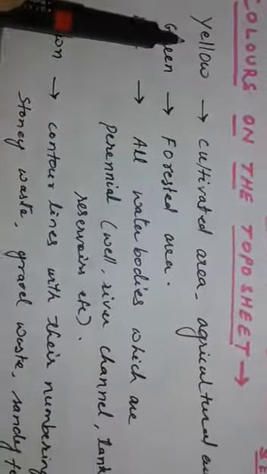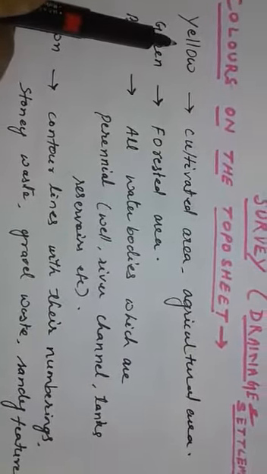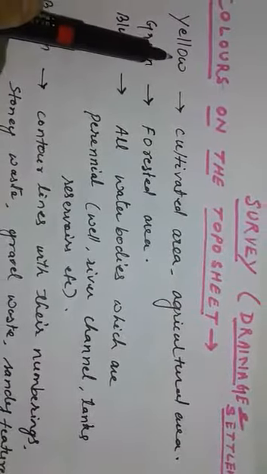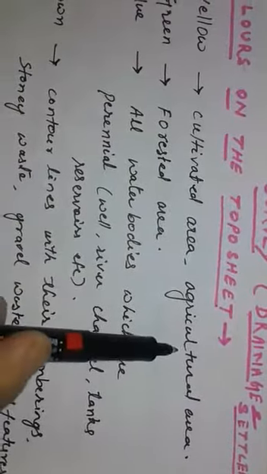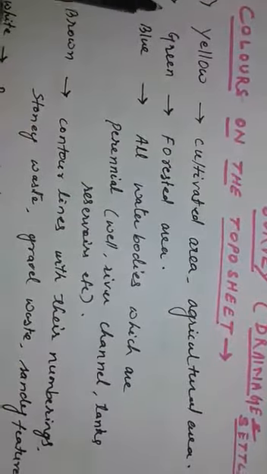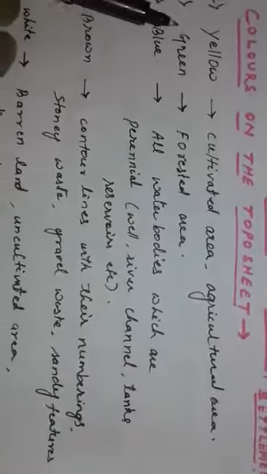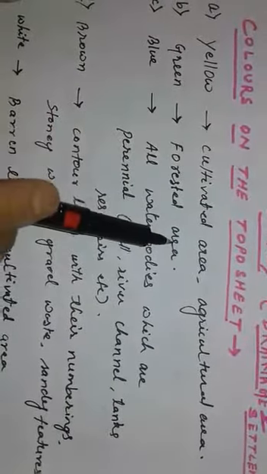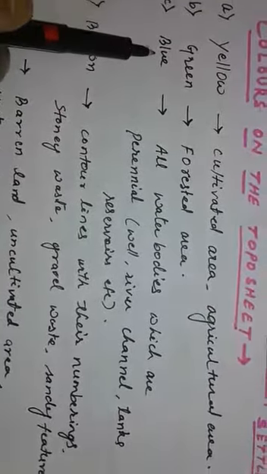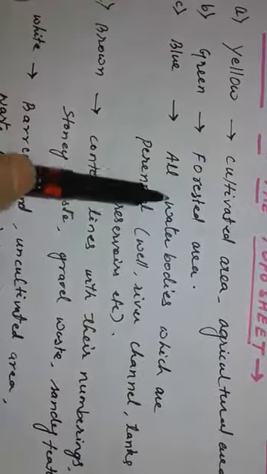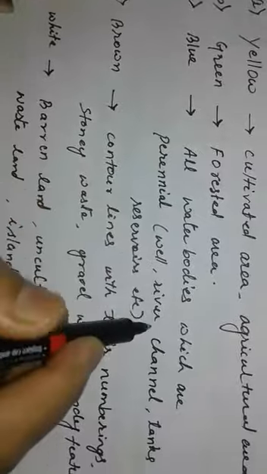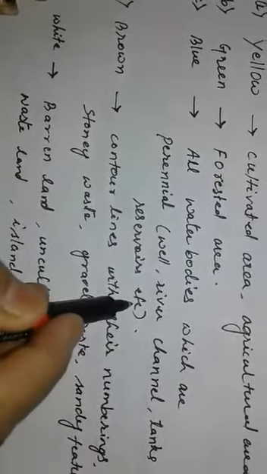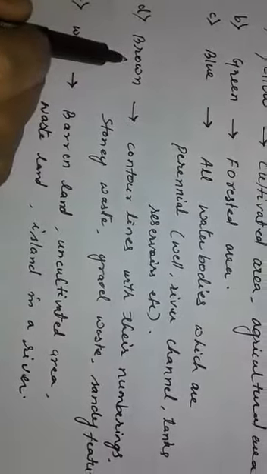First of all, yellow color. Yellow color in the survey sheets denotes the cultivated area or the agricultural area. Second, green color on the survey map is the forested area. Blue color on the survey map denotes all the water bodies: perennial wells, river channels, tanks, reservoirs, etc. D, brown color.